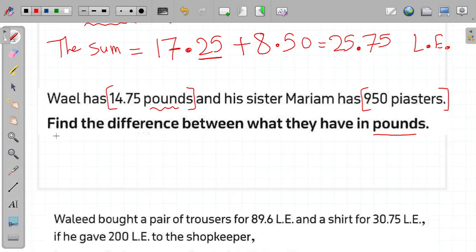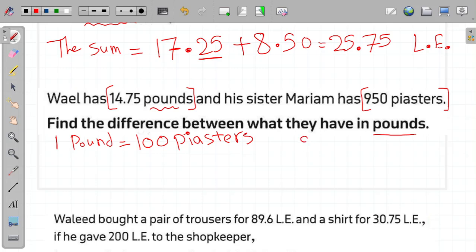First, I have 1 pound equals 100 piasters. So if I want to convert piasters to pounds, I will divide the number over 100.